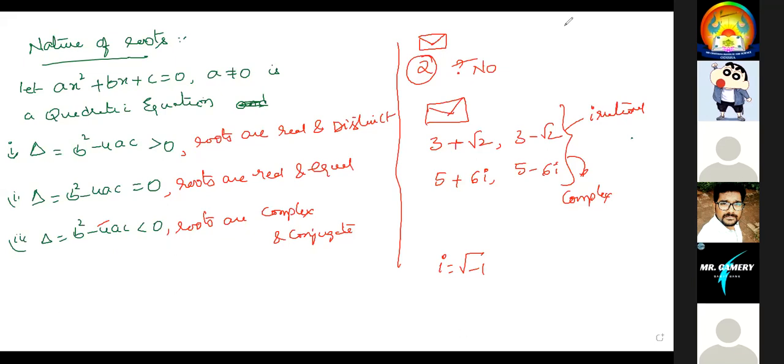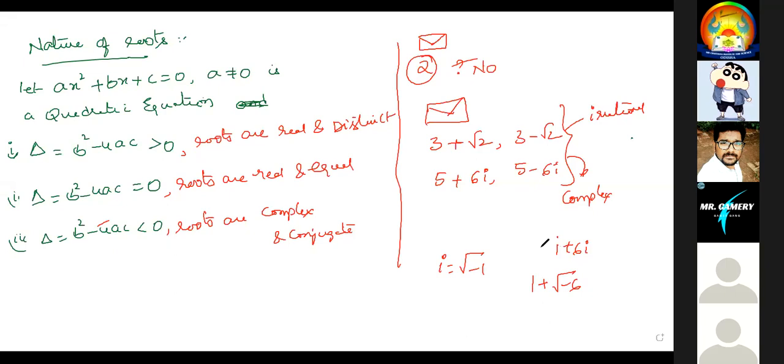Sir, in 5 plus 6i, will it be 6 or root 6? Sir, 6i can be written as root over minus 36.